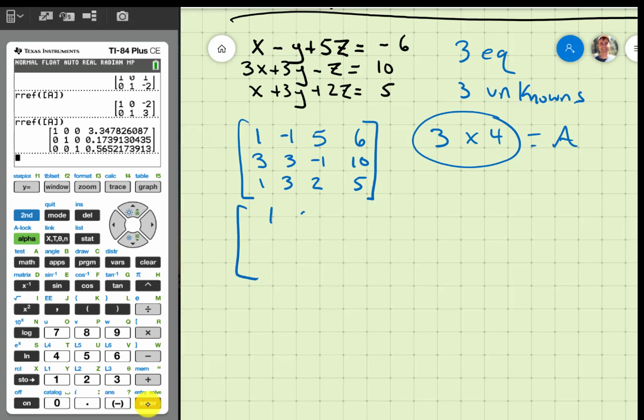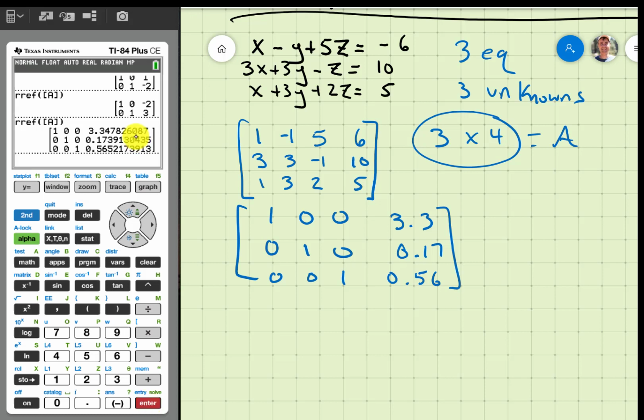And when I write the matrix, I'm going to round it off here. 3.3, 0.17, 0.56. These are approximate solutions. So I don't have the real answer. I mean, I've got exact answers, kind of. These decimals are big and approximately right. These are less approximate, but I got a solution here.